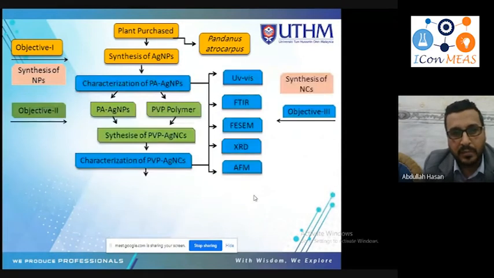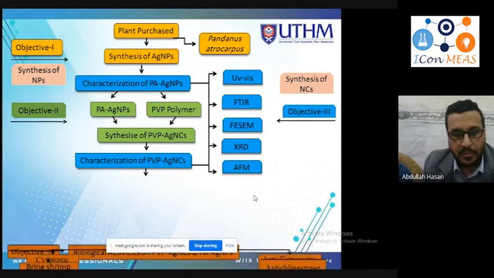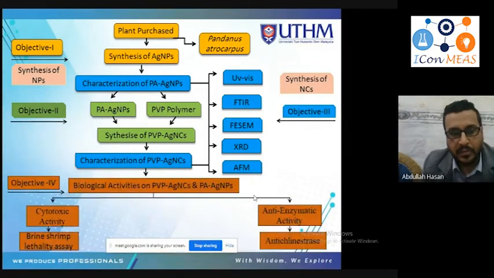First, the plant Pandanus atrocarpus is used to synthesize Ag nanoparticles, and the polymer with the plant will be a nanocomposite. We will get the extraction and the different concentrations. Also, we will see the UV-Vis, FTIR, and the AFM, and then the biological activities.